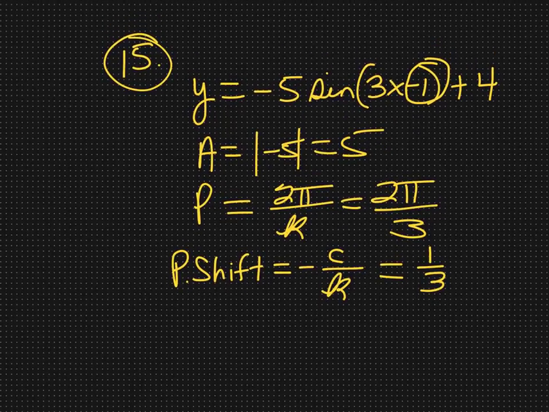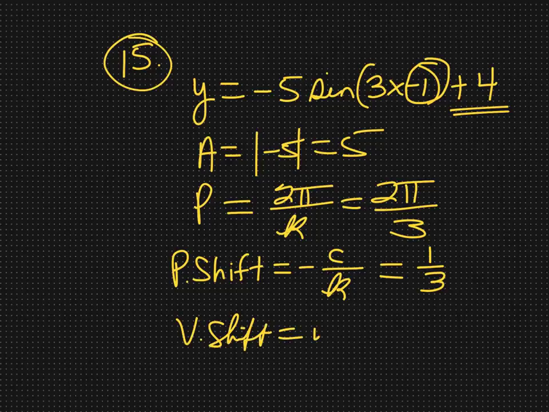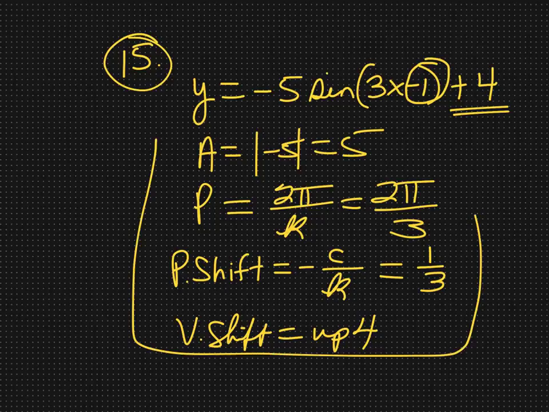And then the constant gives you the vertical shift. So in this case, it's up 4. So certainly I want you to be familiar with how to find all of those things.